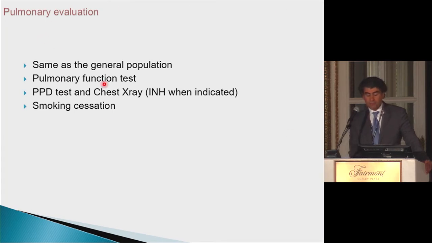We do pulmonary function tests for smokers, and if there are any symptoms of obstructive or restrictive lung disease, everyone gets a PPD test and chest X-ray, and we treat with INH when indicated. And we advise all our patients to stop smoking. In fact, some insurance companies won't pay for transplantation if the patient is actively smoking.